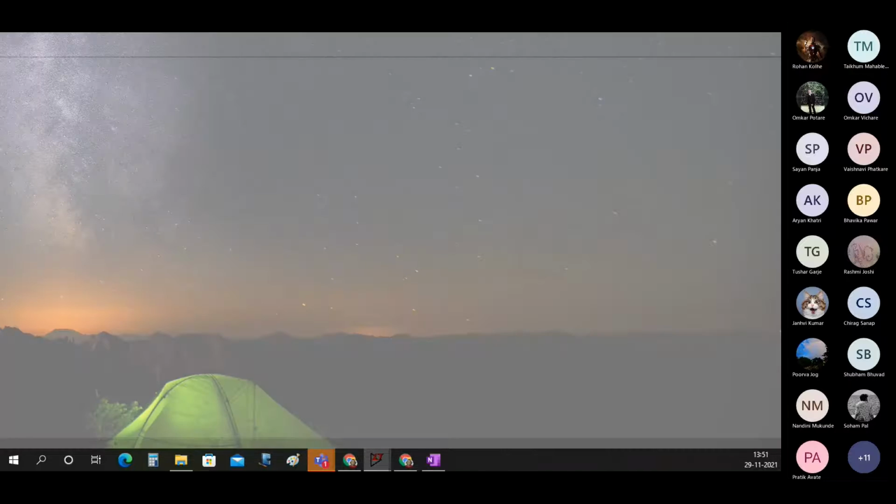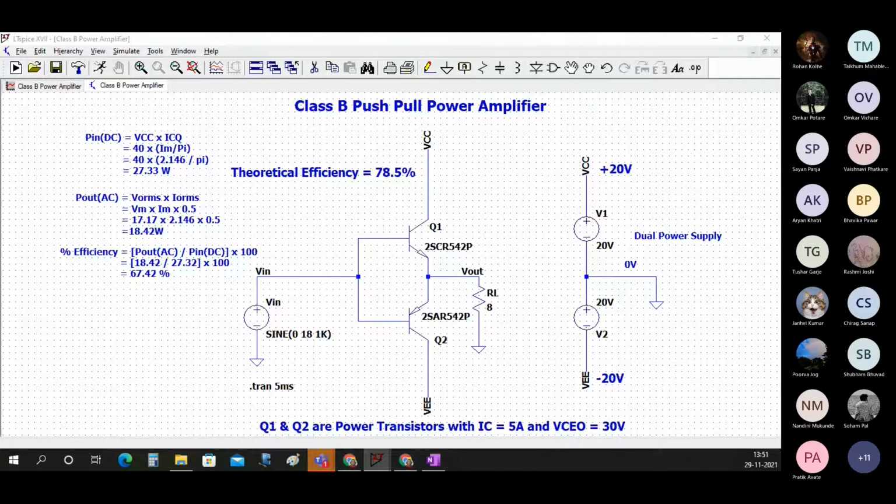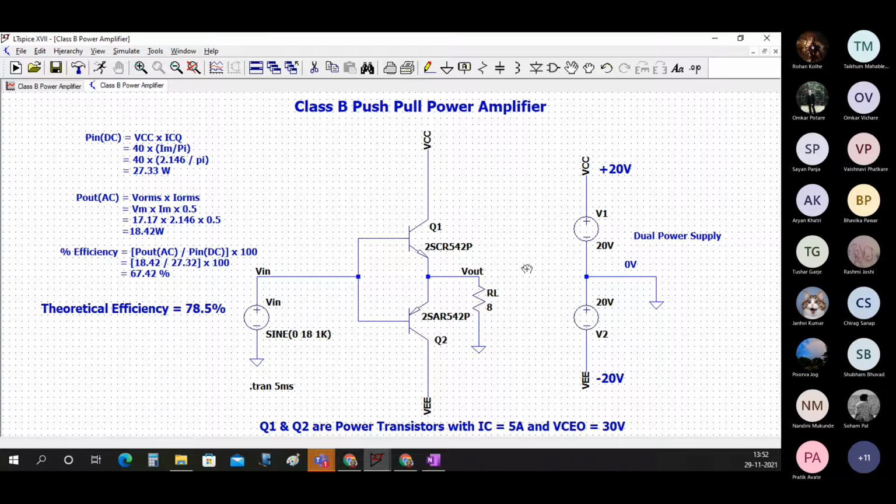So now let's look at the class AB power amplifier. Again the theoretical efficiency of this should not be more than 78%, 78.5 to be precise.